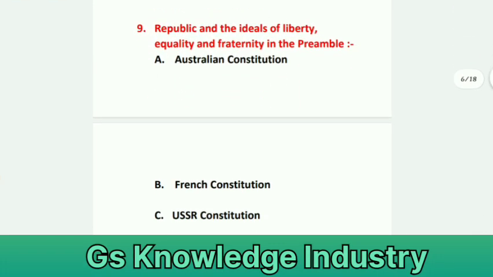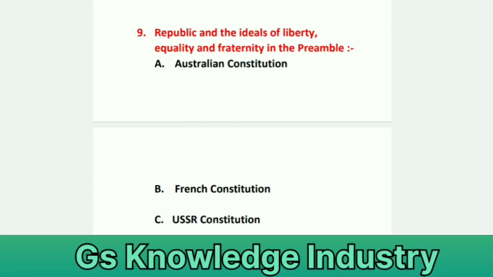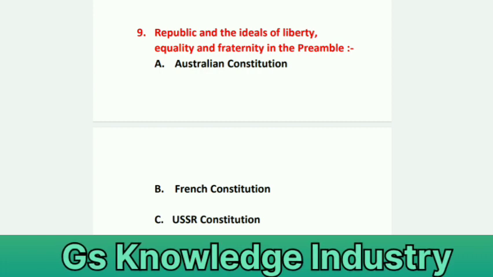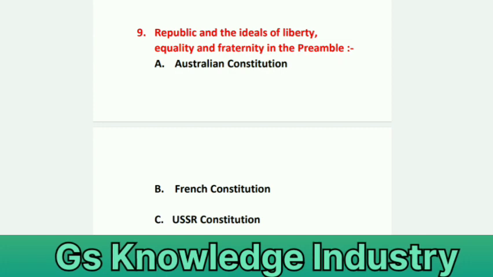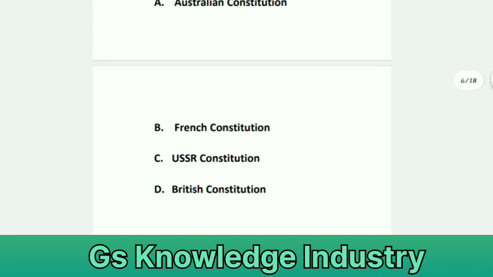9 number question. Republic and the ideal of liberty, equality and fraternity in the Preamble. This system has come from which constitution? Option A Australian Constitution, option B French Constitution, option C USSR Constitution, option D British Constitution.